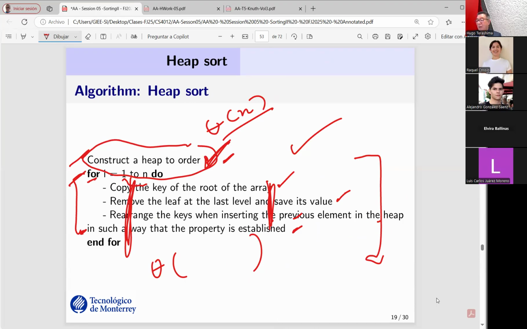Because I have two phases, this one separate from this one. So what is the complexity in order to say the overall complexity of the heap sort? What should I put here? That's the complexity of the cycle. What do you think it is? Any ideas?